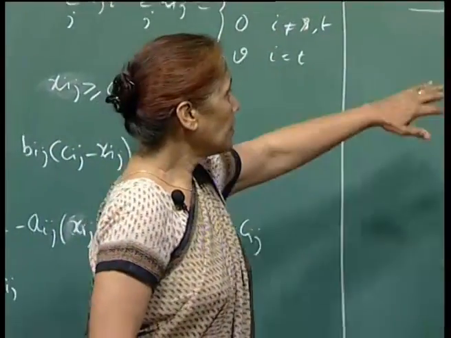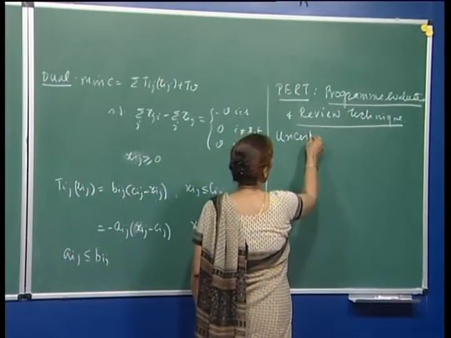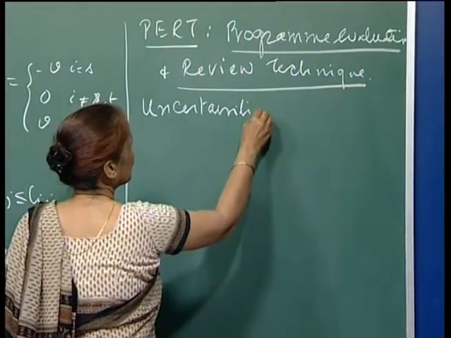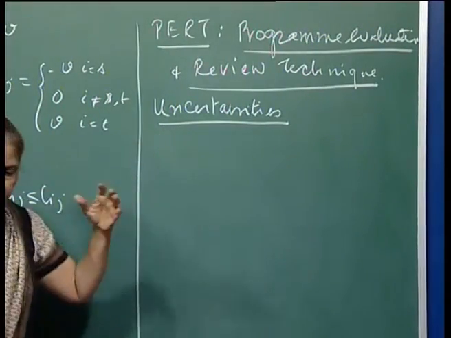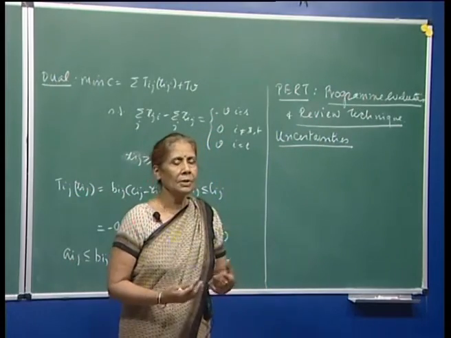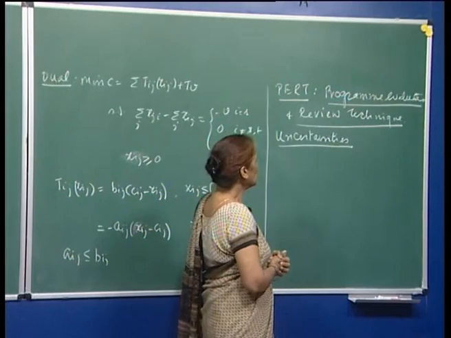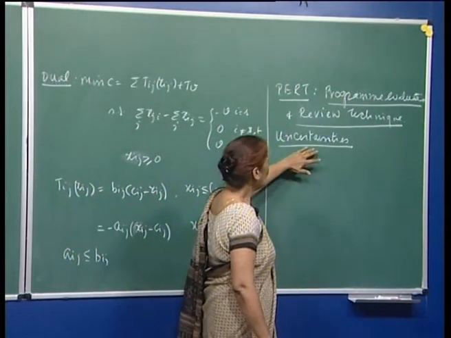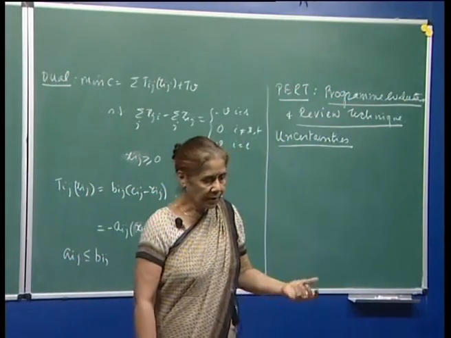So, PERT handles uncertainties. When situations are uncertain, you are not confident or do not have enough knowledge about the jobs involved in the project, and the project is huge, then PERT comes in, and this is a very useful technique, and we will try to look at it.